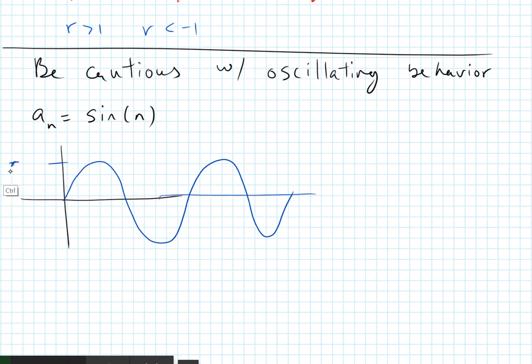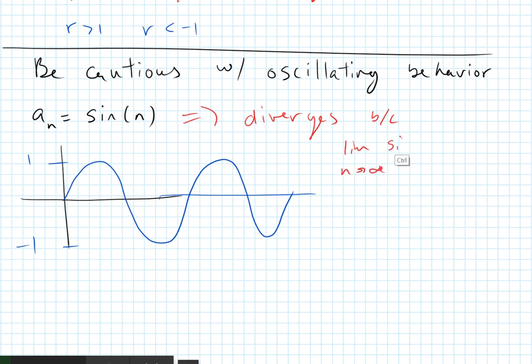That's not going to converge. Therefore, it diverges. And if you have to justify why it diverges, it's because the limit as n approaches infinity of sine of n does not exist, because of oscillating behavior.